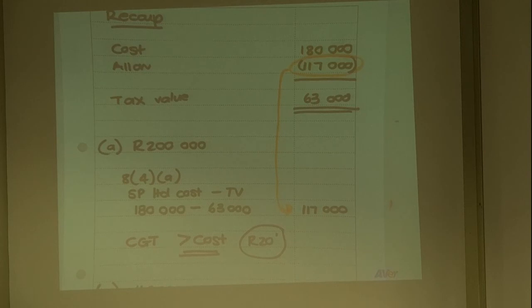But our rule says that for connected persons, when you are working out the recoupment, and you'll see when we are working out CGT as well, irrespective of what the selling price was, if it was more or less, we ignore the actual selling price and we always use the market value. So the value that we would have been able to buy and sell that same asset in a normal marketplace. So connected persons, we always use the market value.